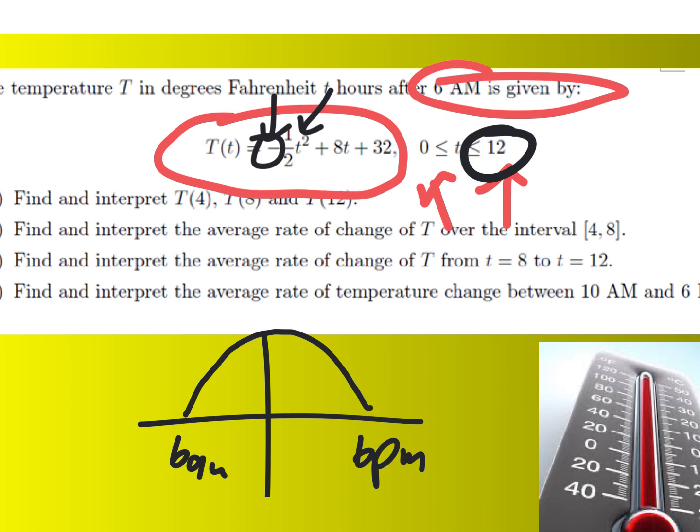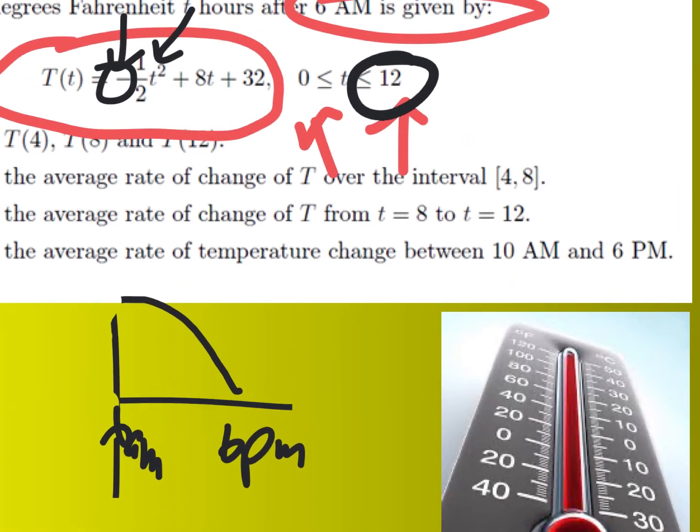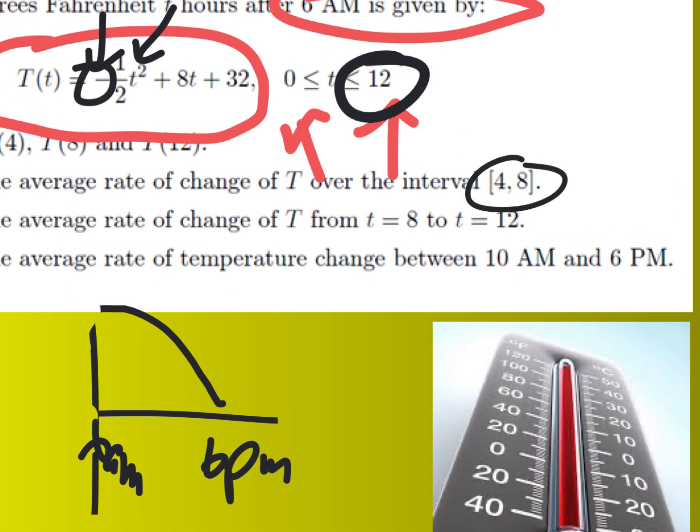all right. And the way that they're going to be doing it would be only between 0 and 12, and so they only want part of it. But this is actually 6 a.m. right here, because it's hours after 6 a.m. is 0. So, okay, so it's basically dropping over most of the day. I feel like you could handle this. They would give you this interval between 4 and 8.